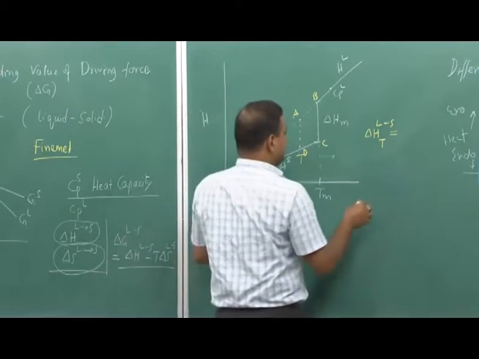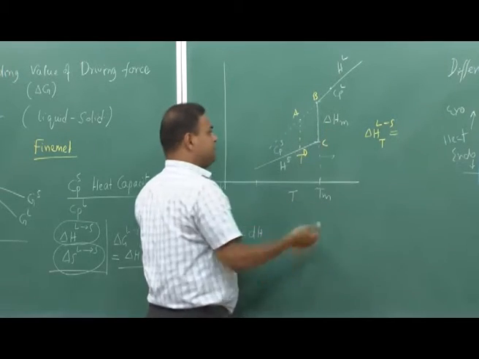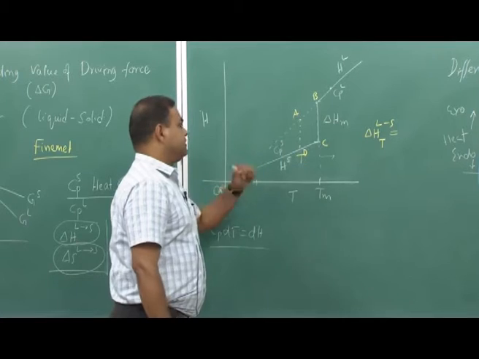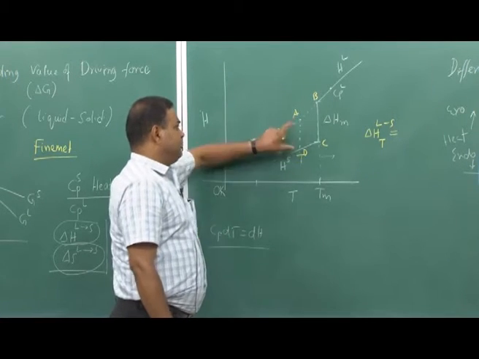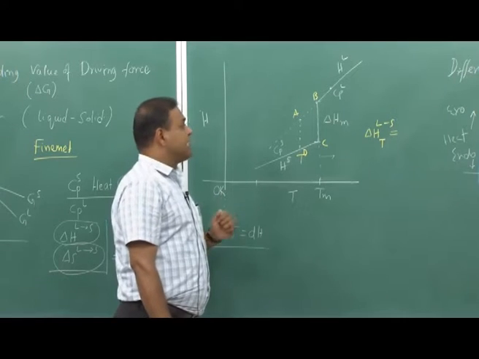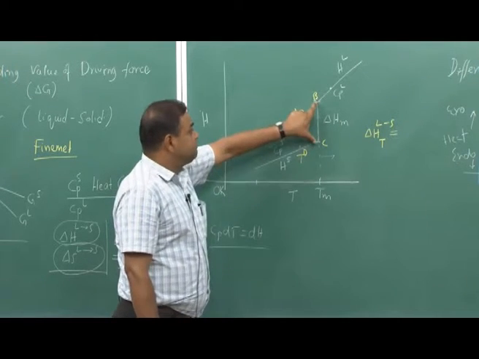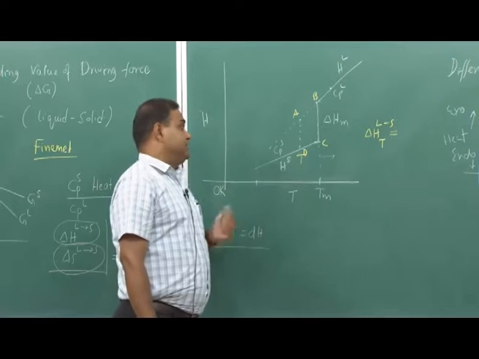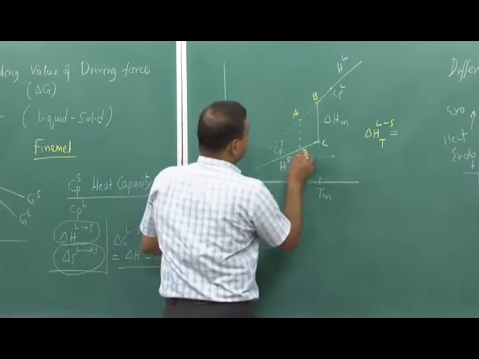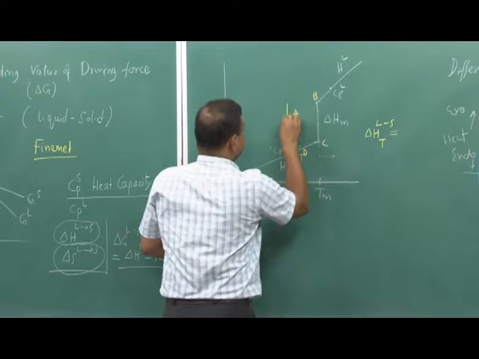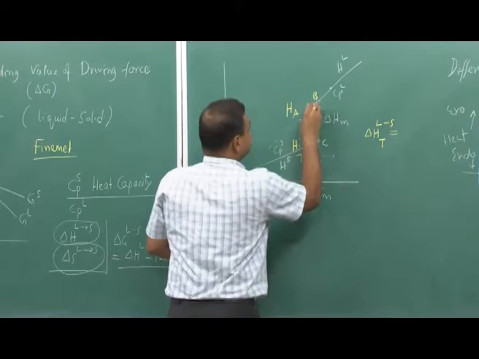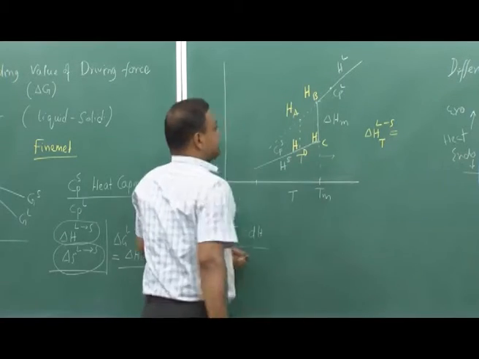Now, these values I have to calculate. I can simply calculate by the difference of Cp of liquid and solid, and then get the value here. But since it is a state function, we can also calculate using this particular value into our consideration. How can we do it? If I give a notation, this is HA, this is HD, this is HC, this is HB, let us say.